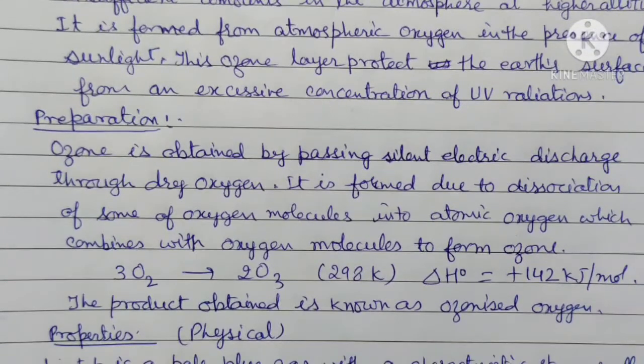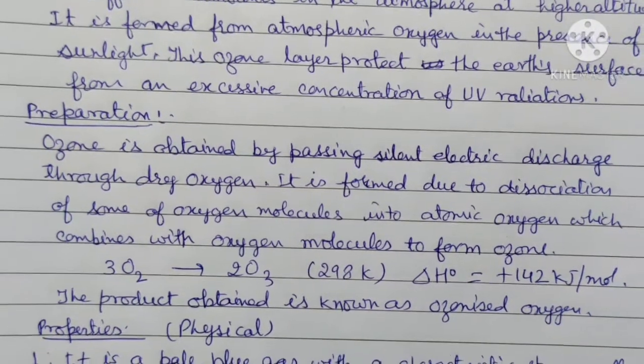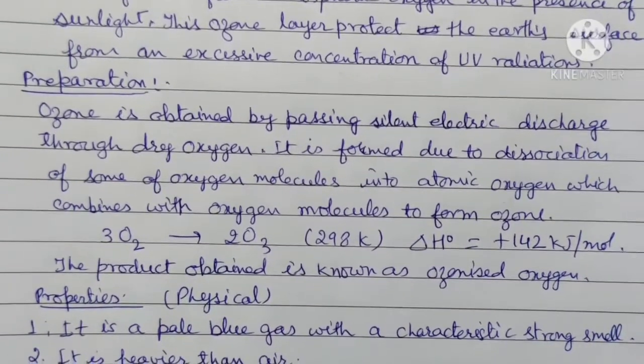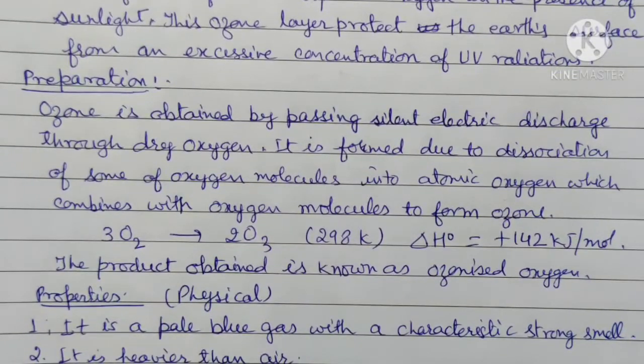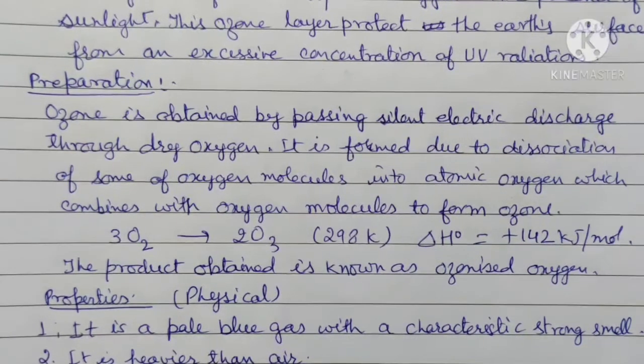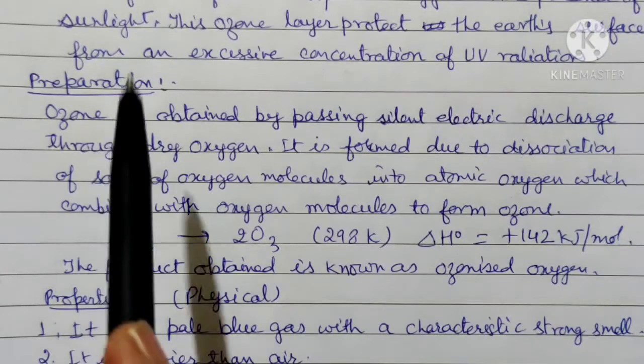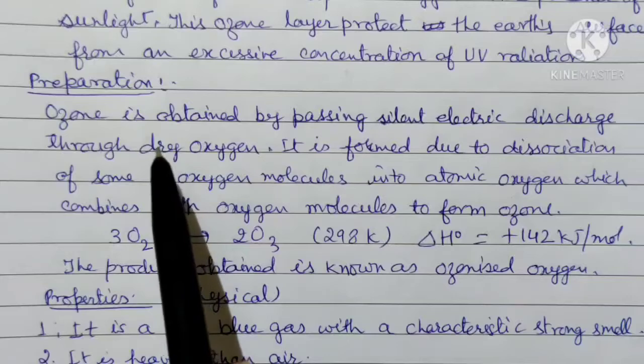When this layer is broken, the ultraviolet radiation will come on the earth and it will harm us.